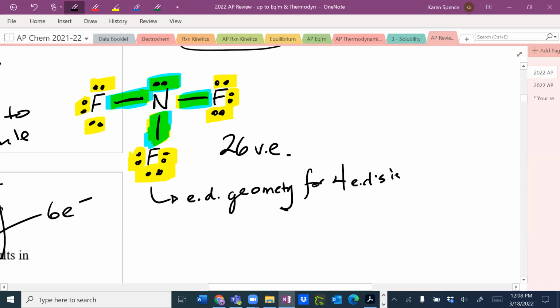What is the electron domain geometry for 4 electron domains? Starts with a T. Next letter is an E. Tetrahedral, okay? It is tetrahedral.